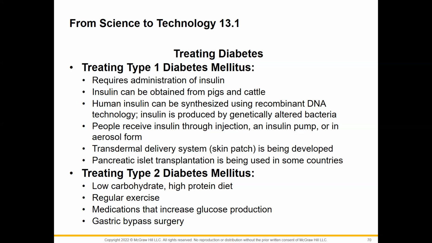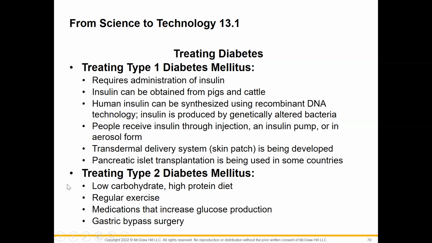Muscle cells are doing more, so they need more glucose so that they can make more energy. So now you have more cells utilizing more of that glucose.